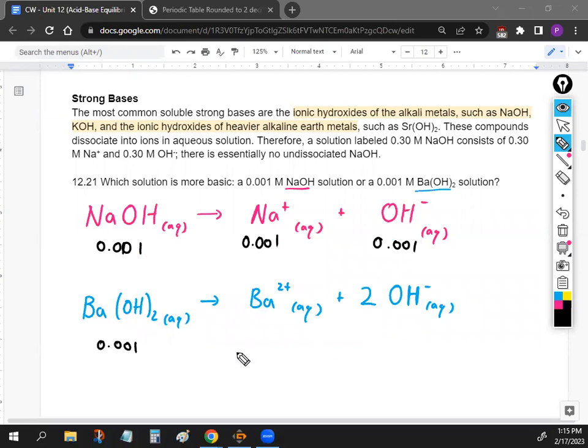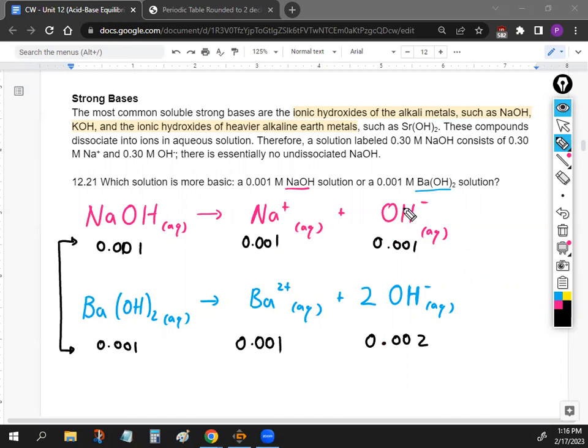But for barium hydroxide, what's the concentration of the barium ion? 0.001. But the hydroxide ratio is 2, so it's going to be 0.002.